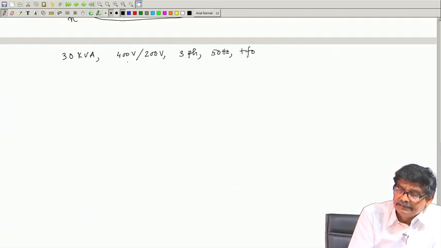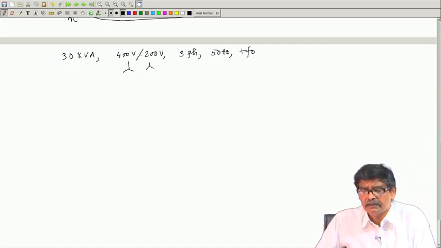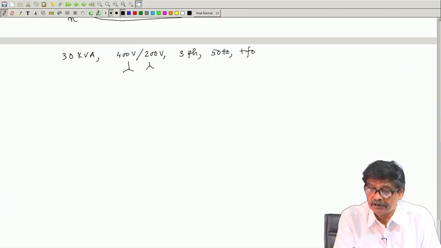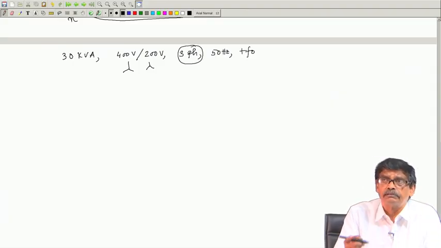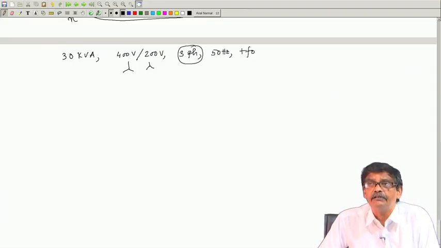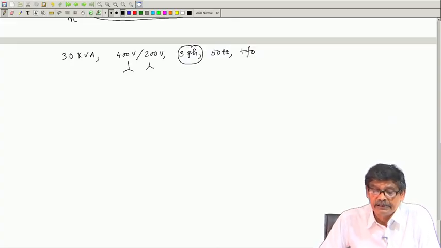Now, I say that the transformer is star connected, it is given star connected, and it is a 3 phase transformer, not a bank of 3 single phase transformers put together. So, what do I know about these things?